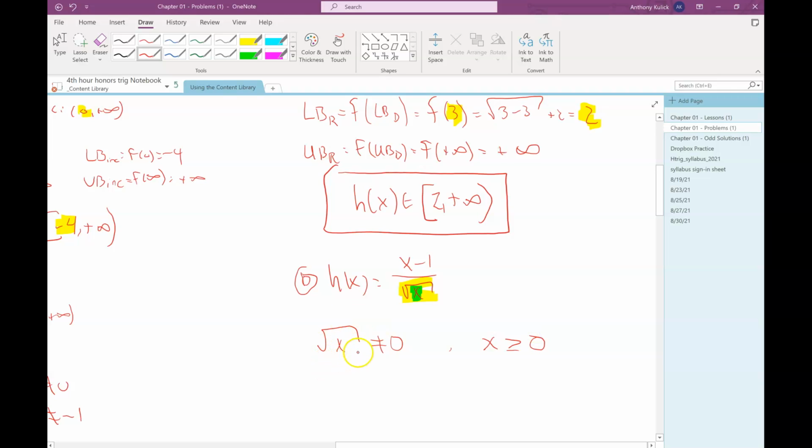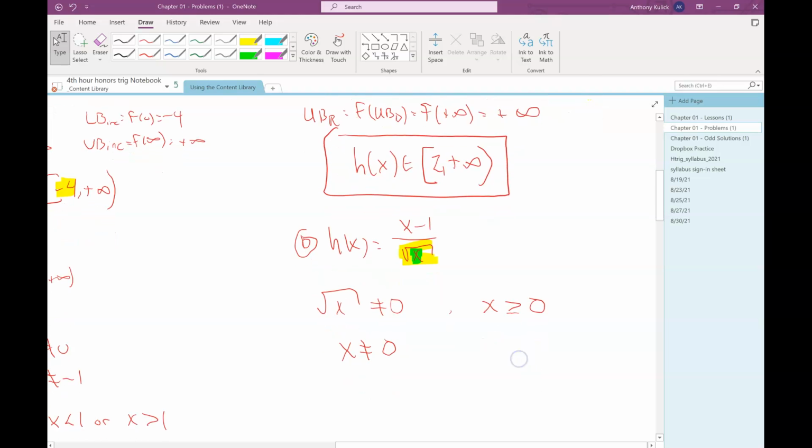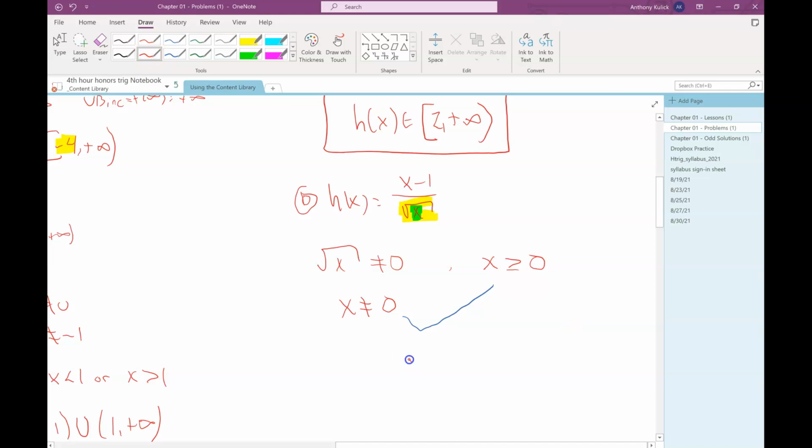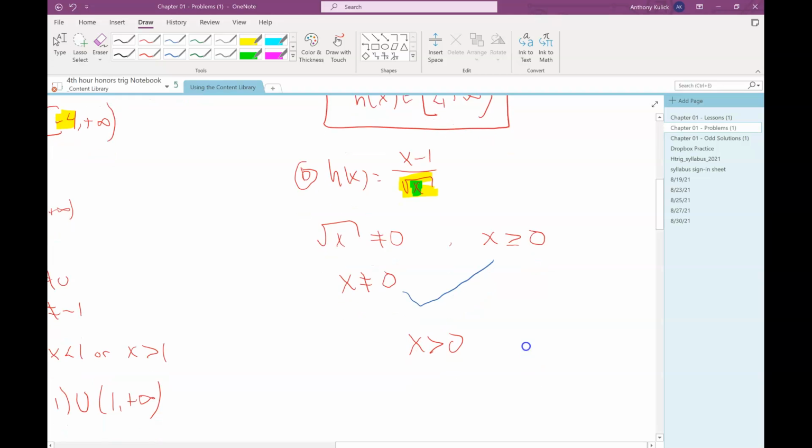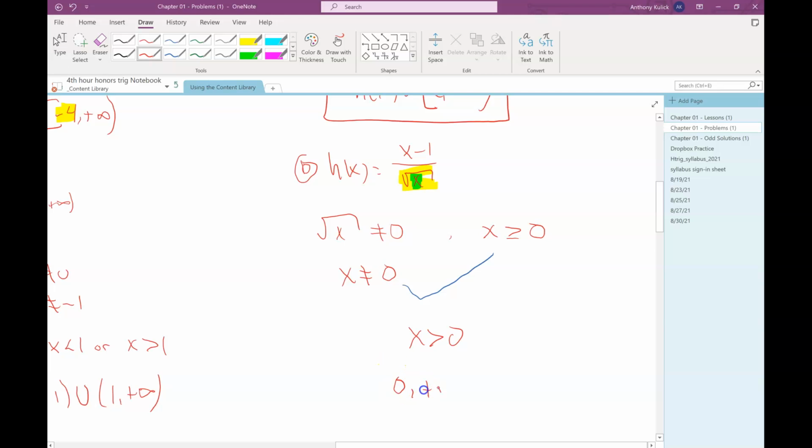Now, to solve square root of x is equal to 0, I can square both sides and say x is not equal to 0. And then my suggestion here would be I'm going to just combine these two into a single inequality. Because if I have x cannot equal 0, or x can be greater than or equal to 0, really, if I combine these together, I just have x is greater than 0, right? And so from there, my interval is really easy. And I'm done.